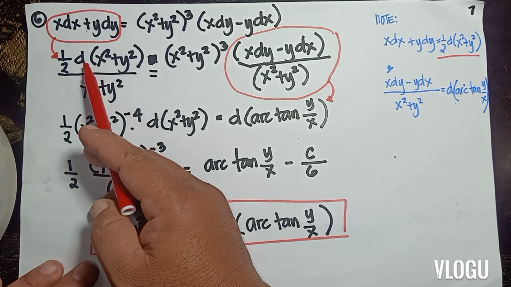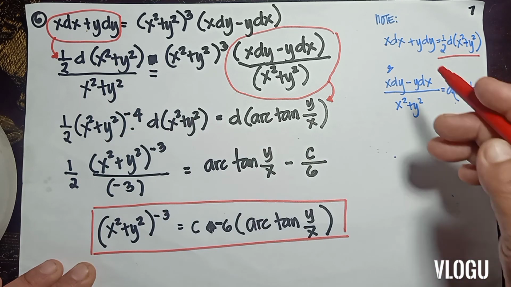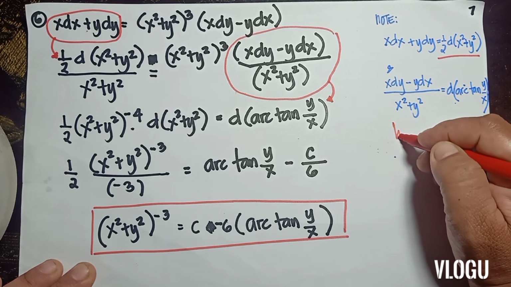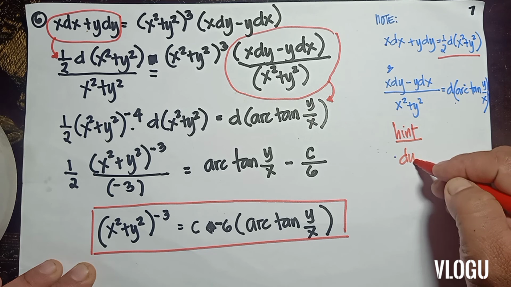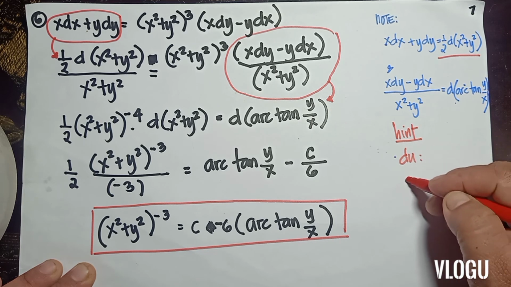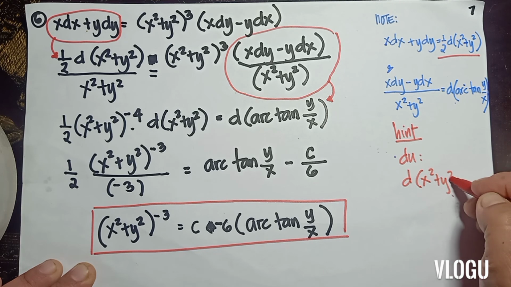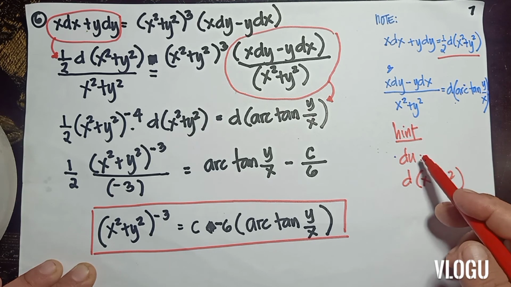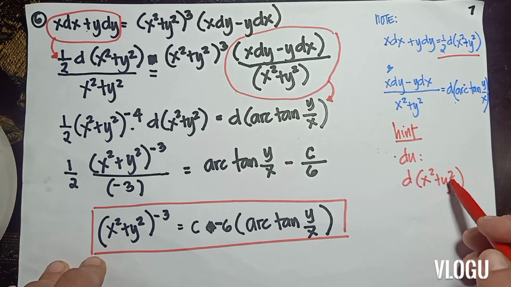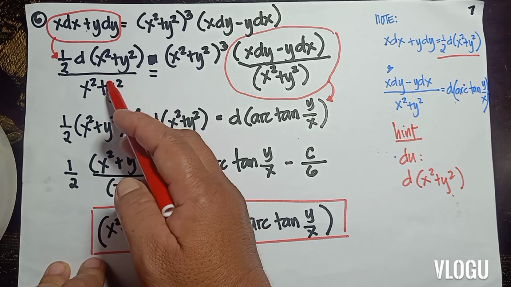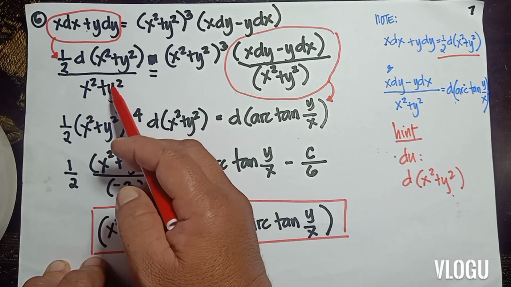Your du states that it is x squared plus y squared. So your du is equal to d of x squared plus y squared. So of course, you must have a denominator of a form of x squared plus y squared.